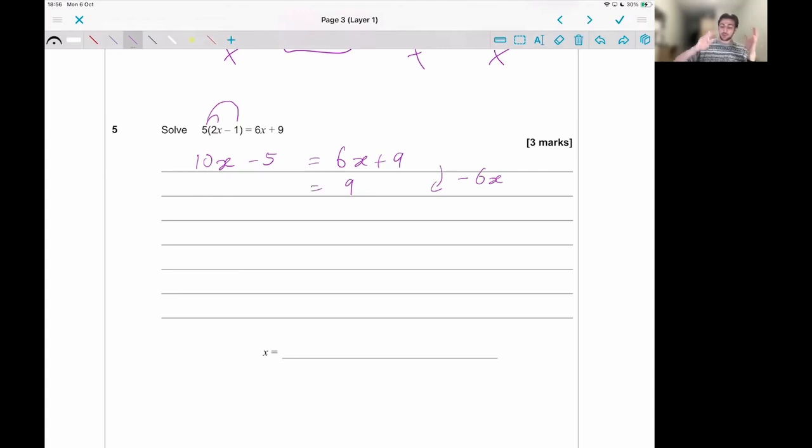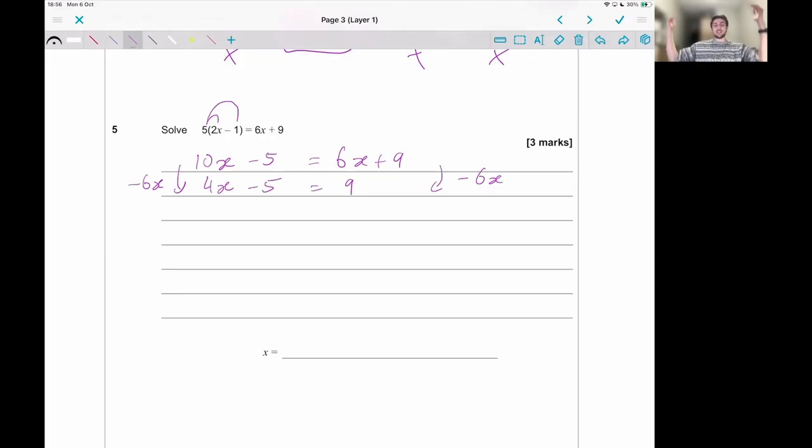And that's going to leave me just with 9. But if I do something to the right-hand side to keep the two sides equal, I need to do the same thing to the left-hand side. I need to also take away 6x from the left-hand side. And 10x minus 6x, if you have 10 of a thing and you take away 6 of that thing, you'll end up with 4 of it. So I'm going to get 4x. And then I've not done anything to this minus 5, so that still has to be there.